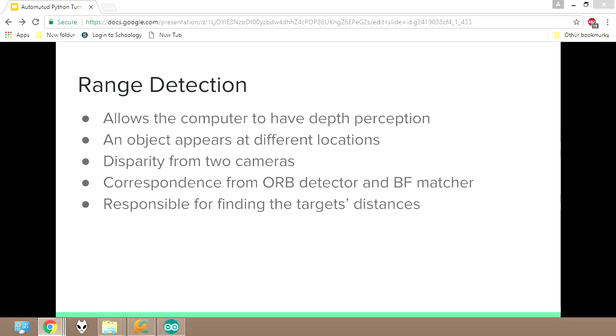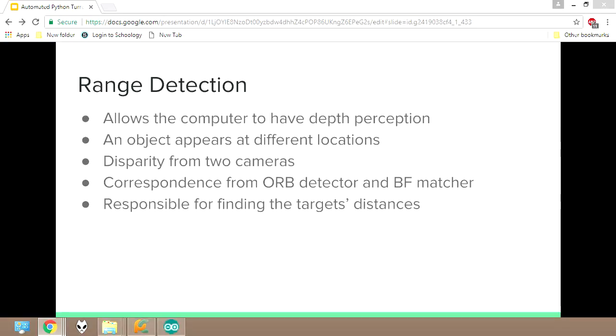This technique of finding depth is called computer stereo vision. Essentially, it creates depth perception because an object appears at different locations in the images taken by 2 cameras at a distance. This is also how our eyes create depth perception. Looking at an object with just one eye will be different from looking at it with the other eye.